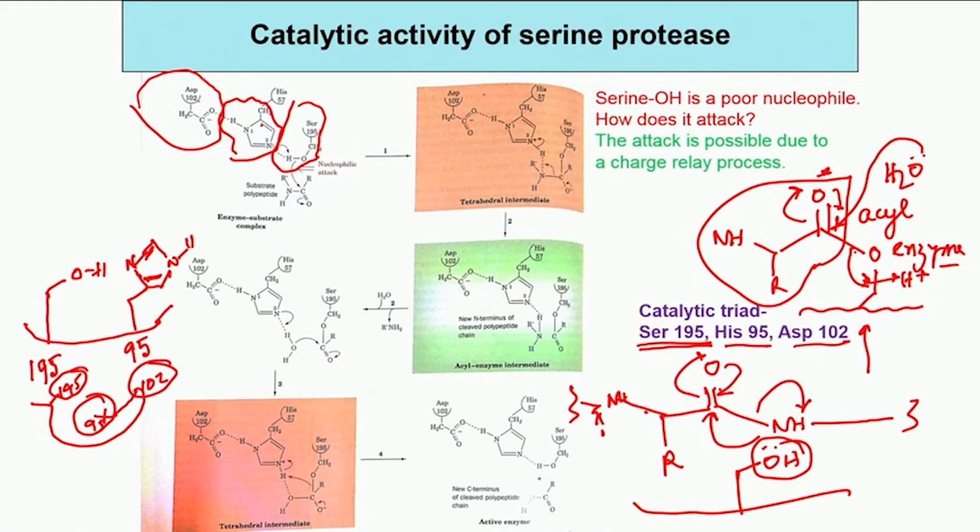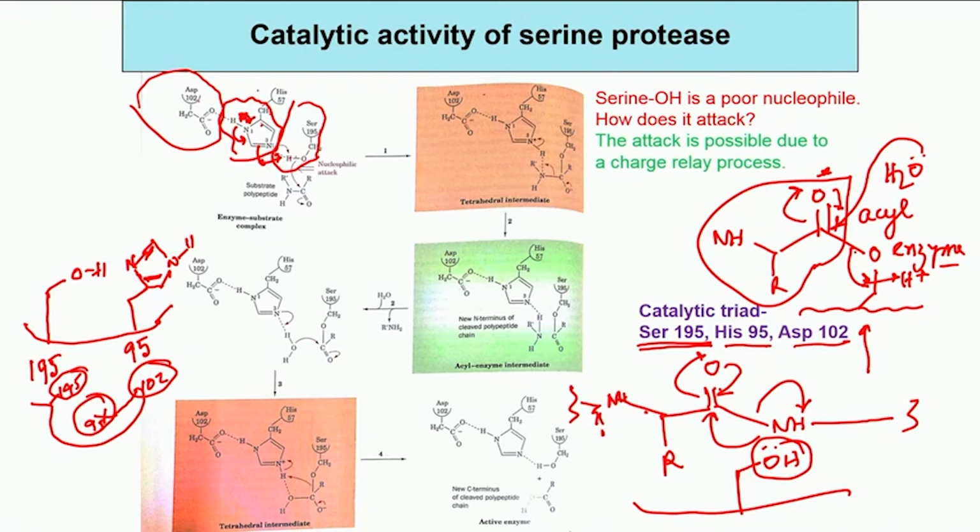Aspartate negative charge abstracts the hydrogen of the histidine, and this flows in this direction, and then the nitrogen becomes highly nucleophilic or highly basic. It takes up the hydrogen and releases, and then takes up the hydrogen. So, basically you are making an alkoxide now, and that attacks the carbonyl. That is much more powerful than the alcohol itself.